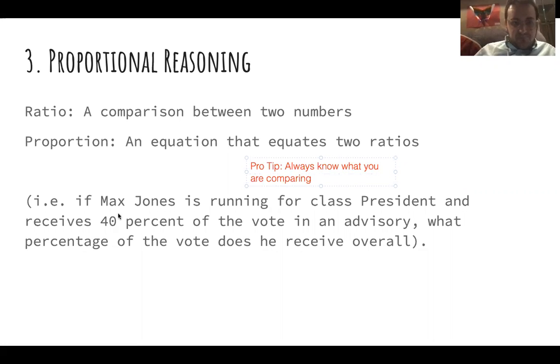So for instance, a proportion problem could be if Max Jones is running for class president and receives 40% of a vote in advisory, we could think about not maybe what percentage of the vote you receive overall, but how many votes will Max Jones receive in an 800 person class, something like that. So let's take a look at some sample problems that involve this.